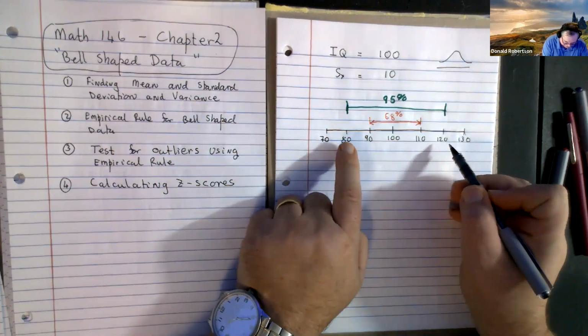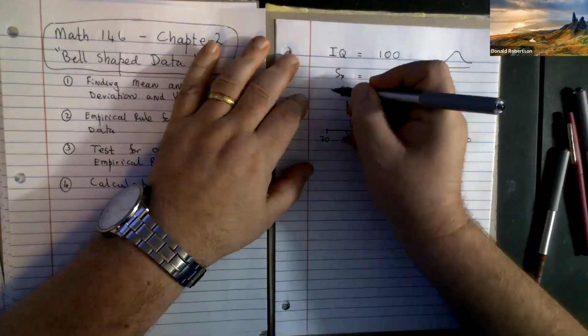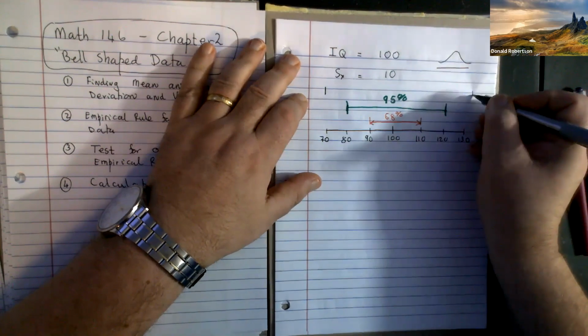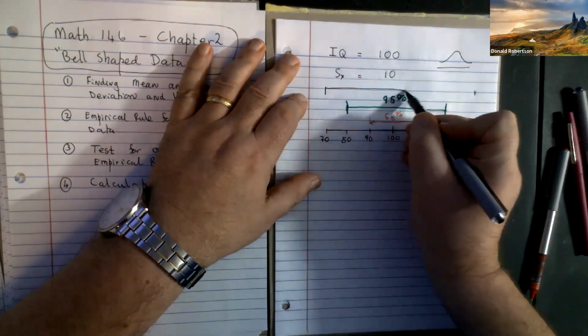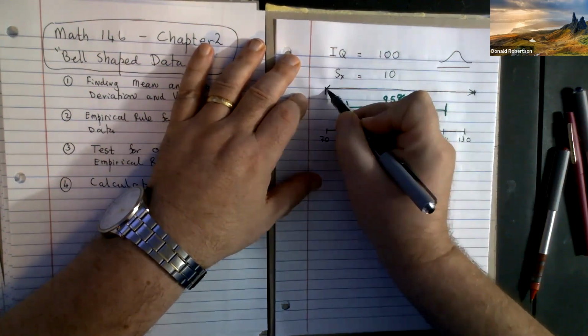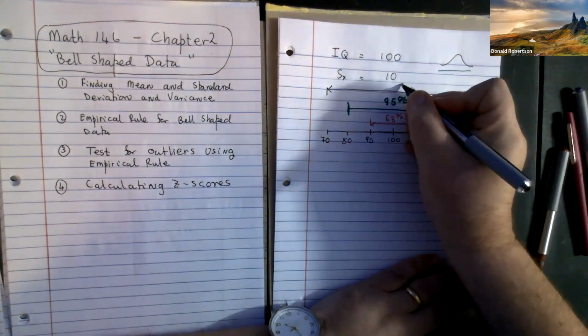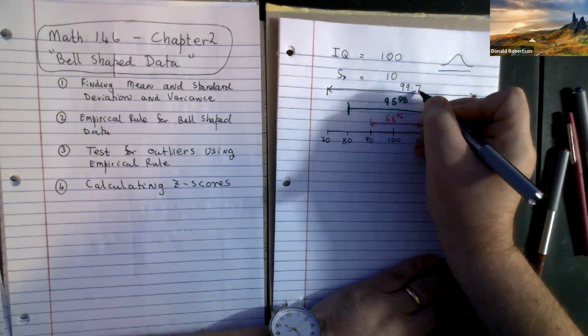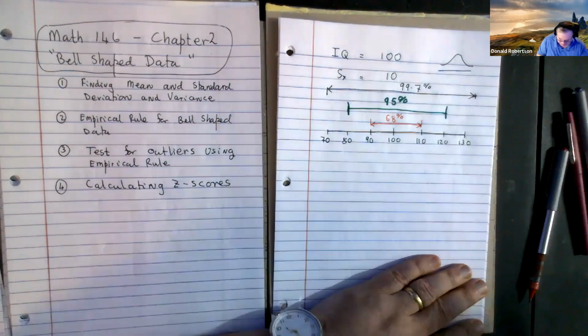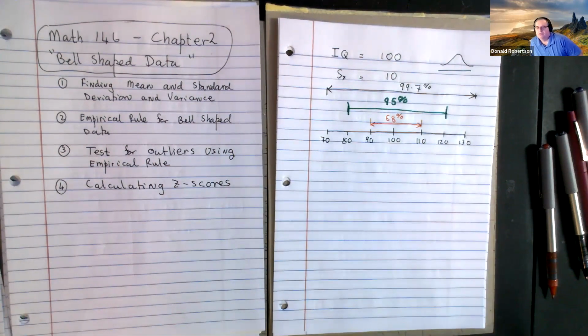They'd have an IQ from 80 to 120. And then lastly, from here to here, anybody whose IQ is between 70 and 130, 99.7% of all the people who took an IQ test will have a score from 70 to 130.